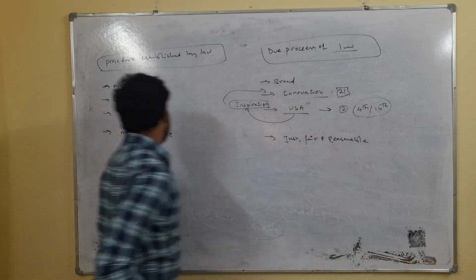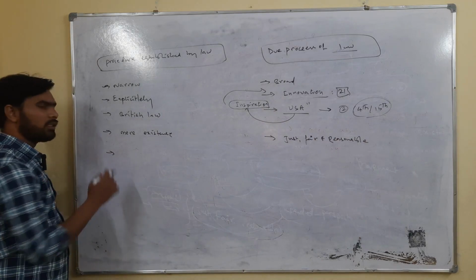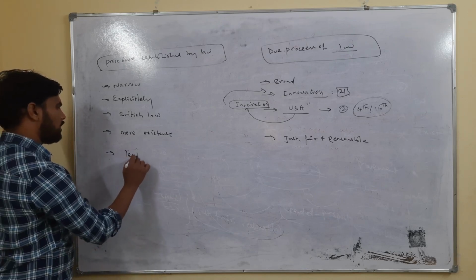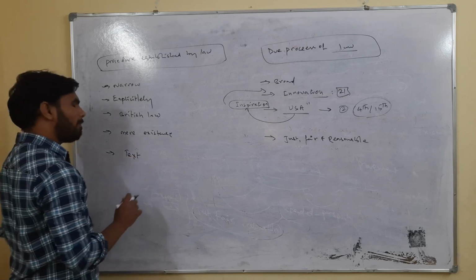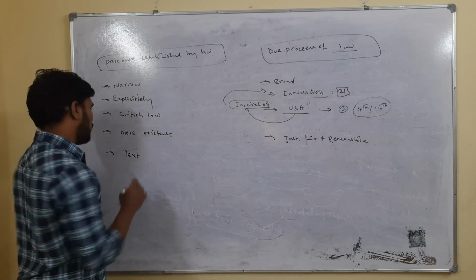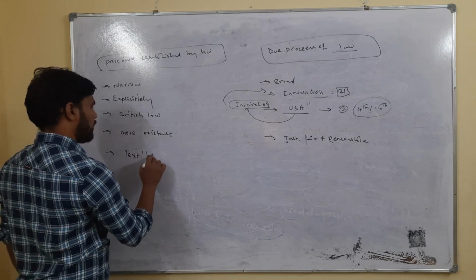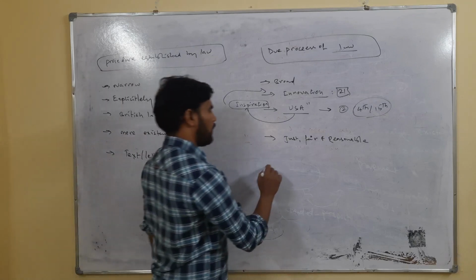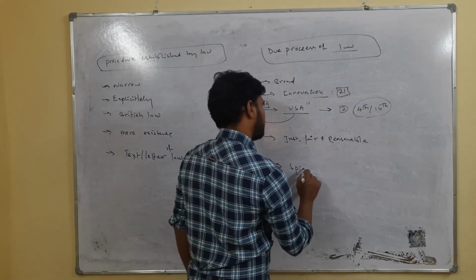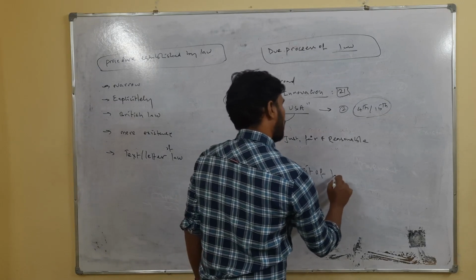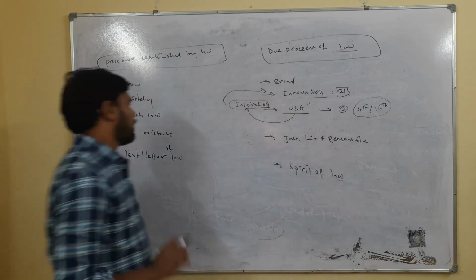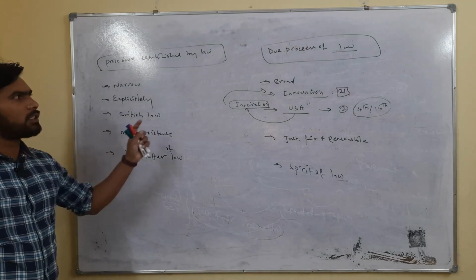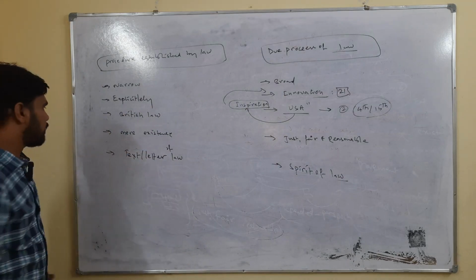Here we are simply following the text of the law, blindly following the letter of the law. Here we are following the spirit of the law. These are the broad differences between the procedure established by law and due process of law.